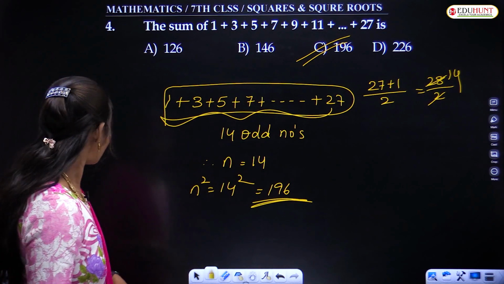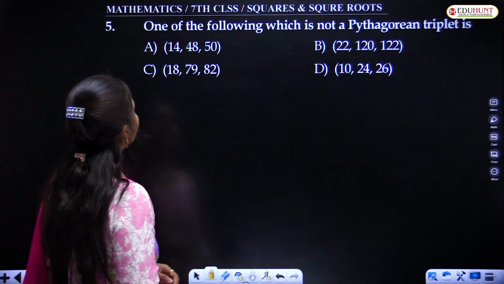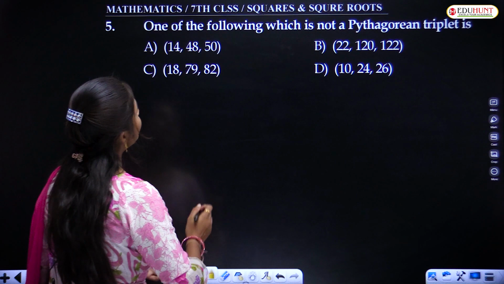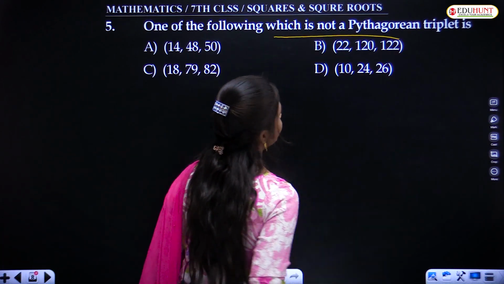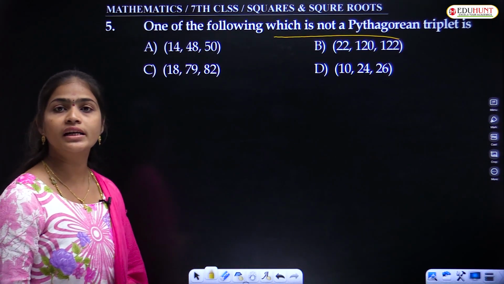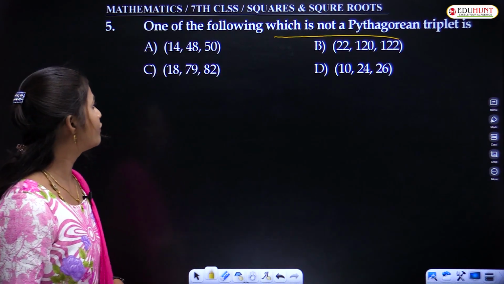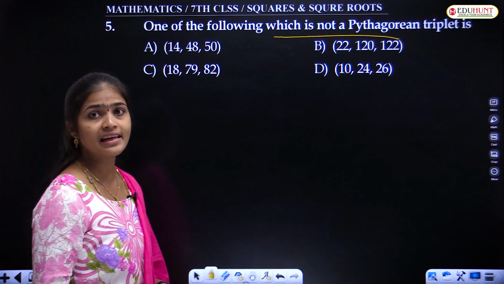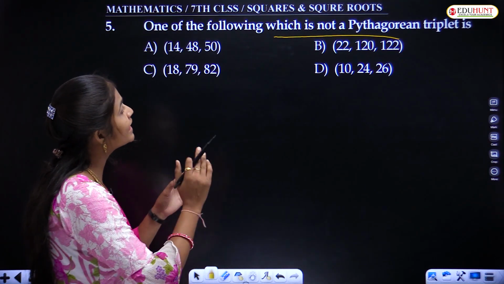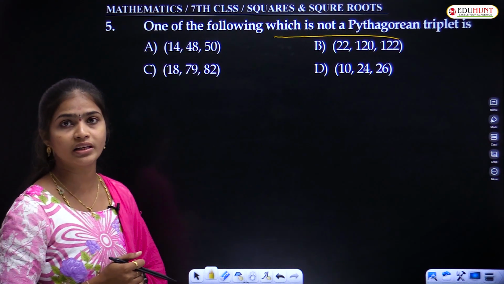Okay, next. Which of the following is not a Pythagorean triplet? Already we discussed the Pythagorean triplet in the synopsis. So use that formula and those conditions, and check which one is not a Pythagorean triplet.